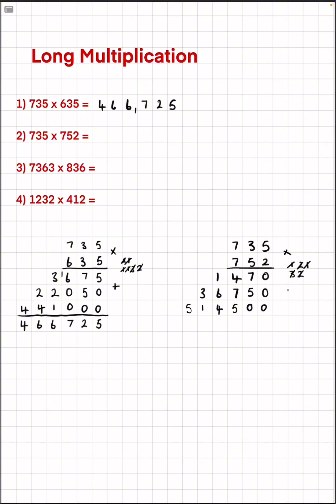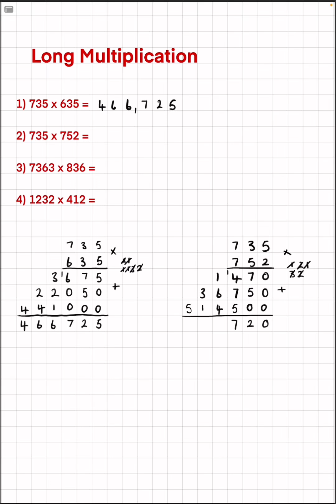And now we're going to add these three numbers together to get the answer. We've got 0. 7 add 5 is 12. Put the 2 down and carry the 1. 7 add 4 is 11. Add 1 is 12. Add 5 is 17.